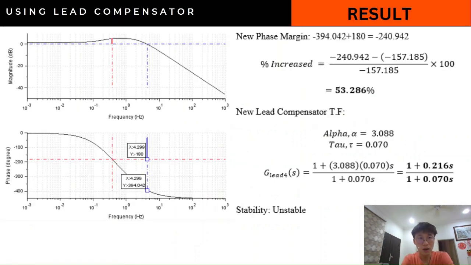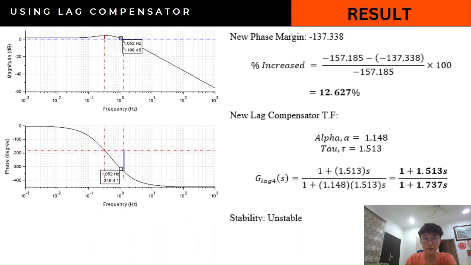So the result of the lead compensator in this case is the new phase margin is negative 240.942. The percentage increase calculated is 53.286%, which is almost same with the case 1, but a bit smaller.